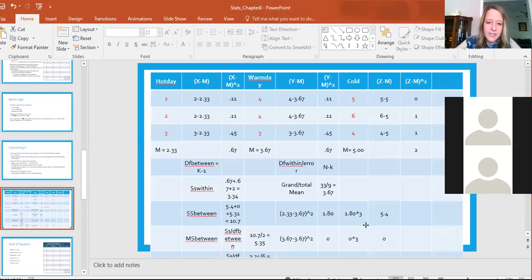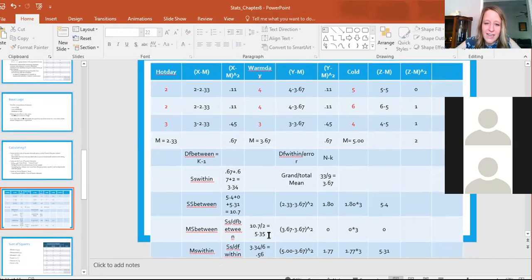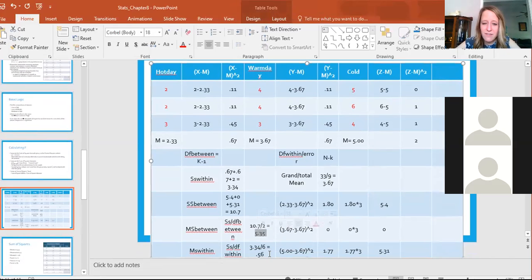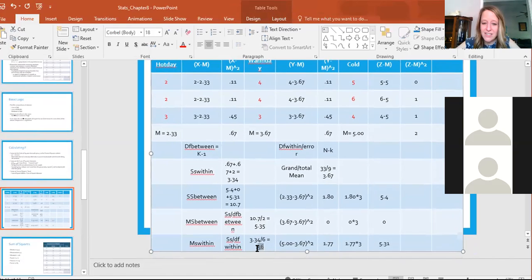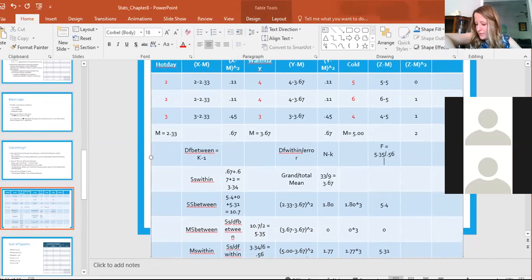So all we need to do is take this 5.35 divided by 0.56 to get our F, which should be 9.55. So that's our F value.